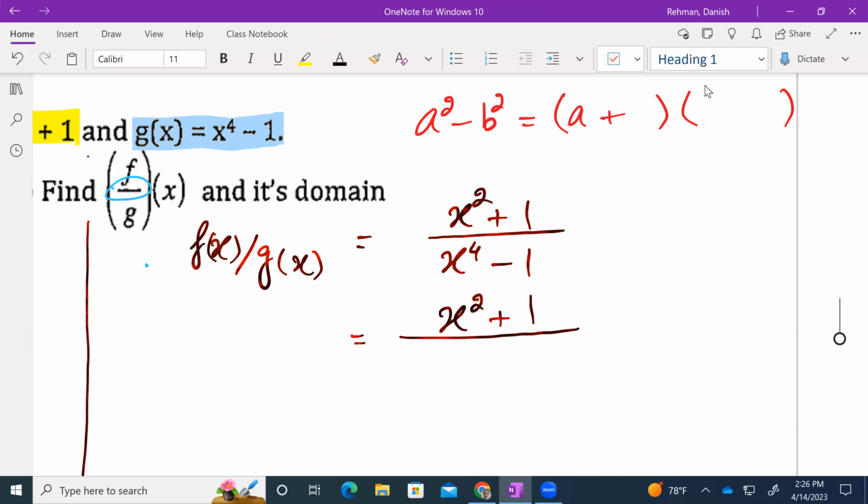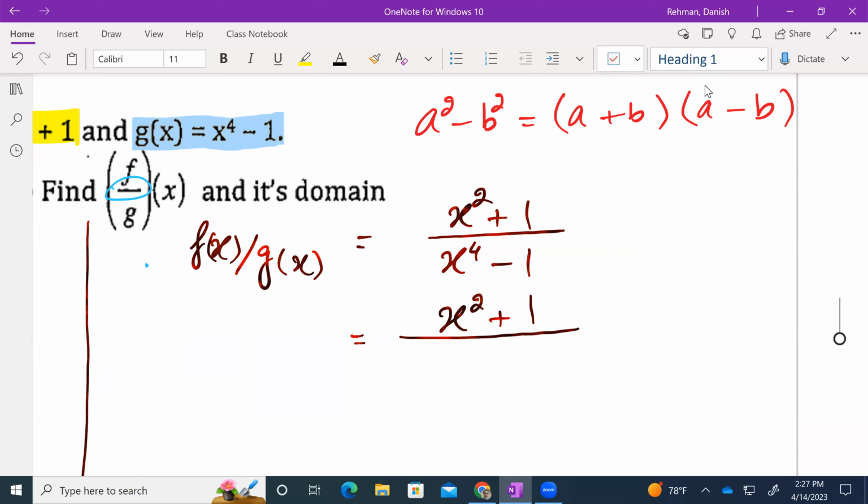Got it. So whenever you have a difference of two numbers which are squared, a square minus b square, whatever is a and whatever is b, you will take the numbers, add those together, and then in the second factor, you will subtract those numbers.